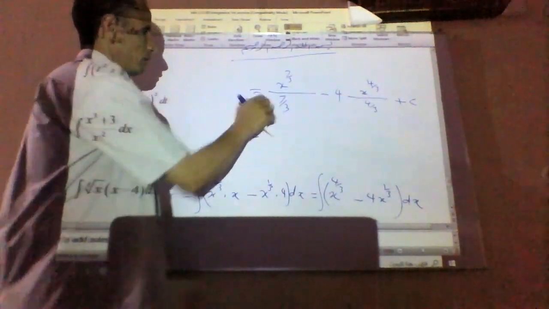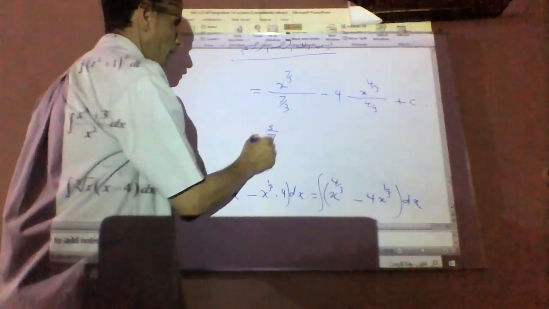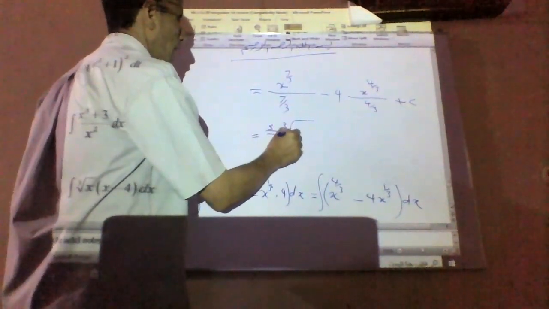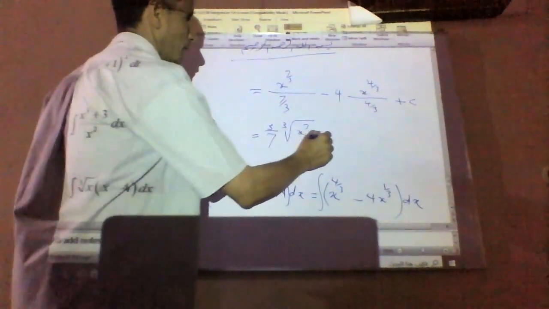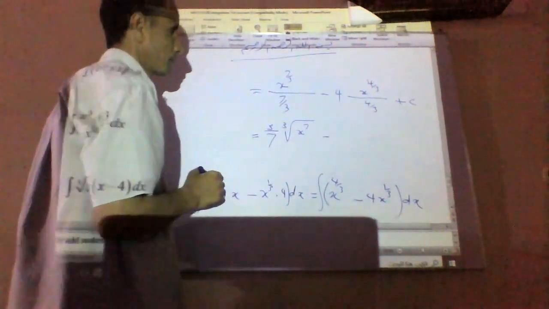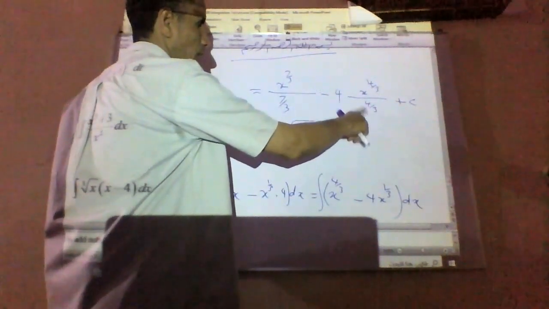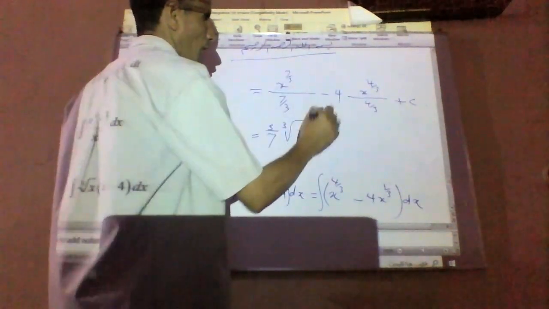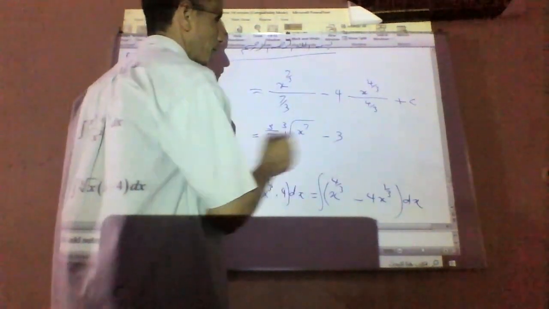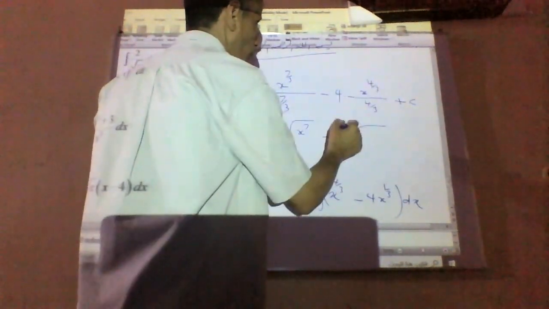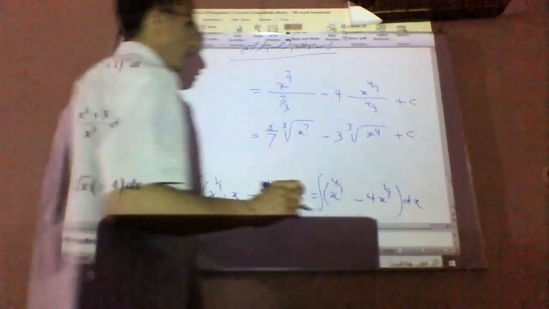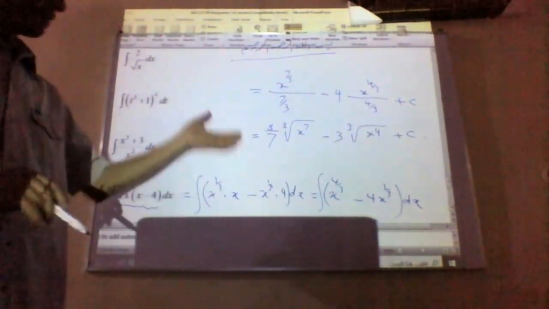To simplify, it will be 3 over 7 times the cube root of x power 7, minus 4 divided by 4 over 3 means 4 times 3 over 4, so we will get 3. And this is the cube root of x power 4, plus c. This is the simplest form of this integration.